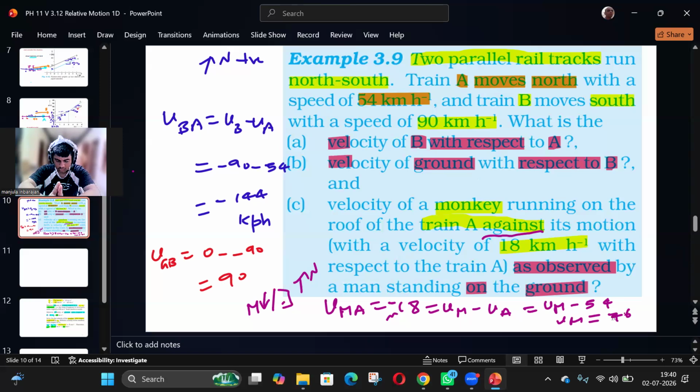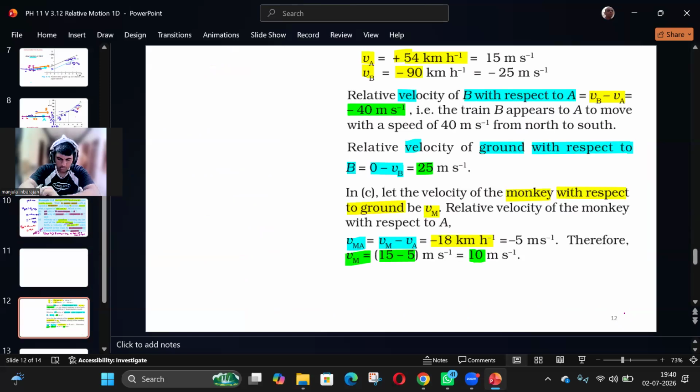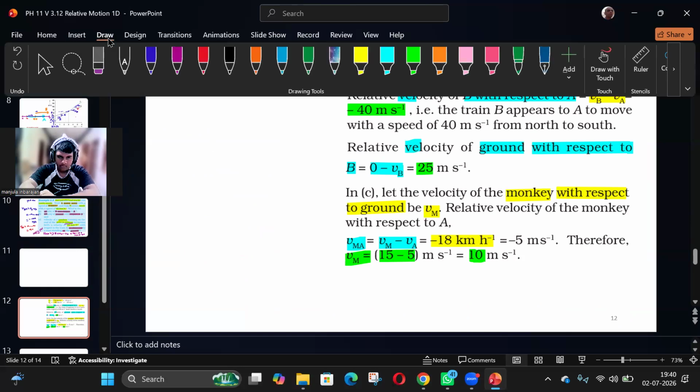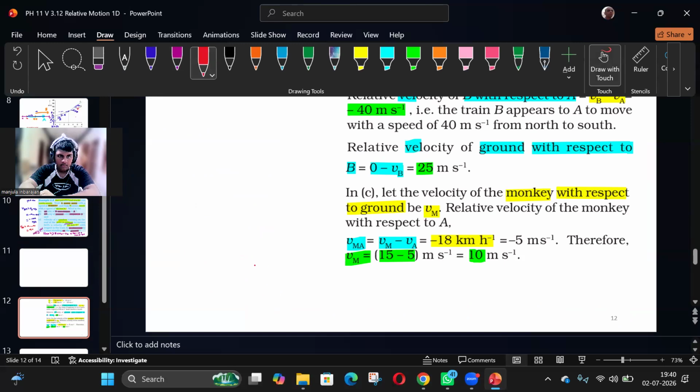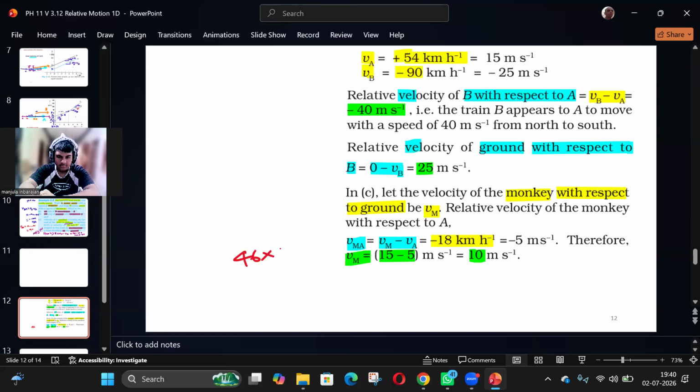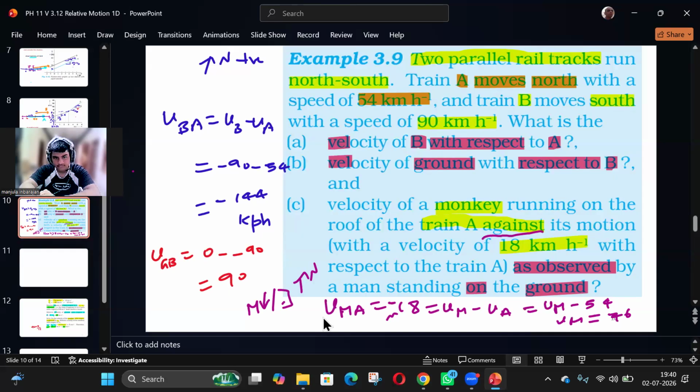So 36 into 5 by 18. Is that correct? 54 minus 18 becomes plus 36.